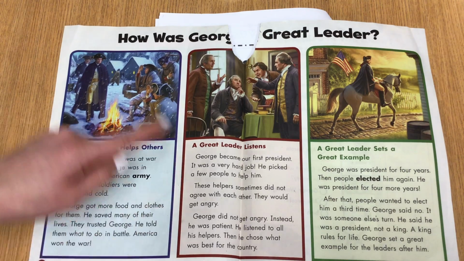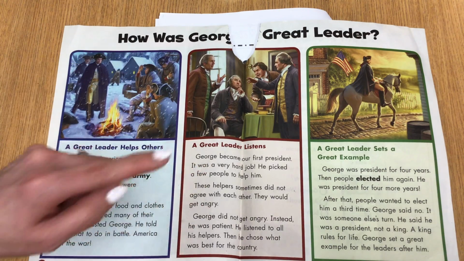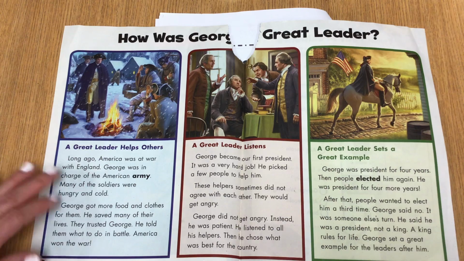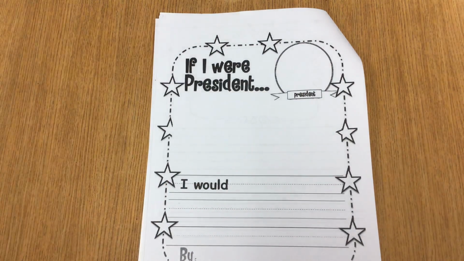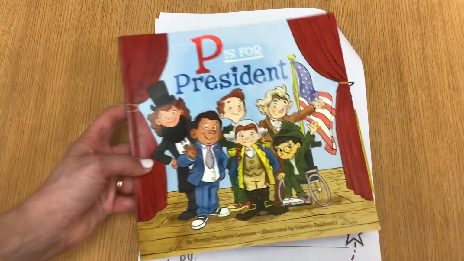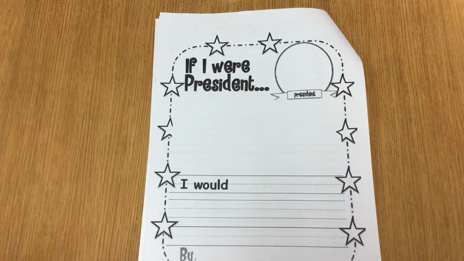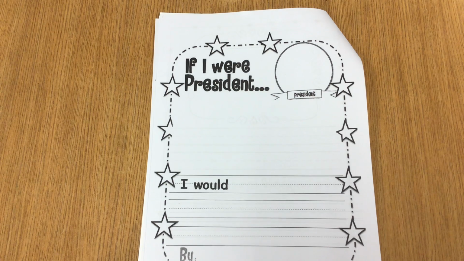They have to help others, be great listeners, be a good example. And then this morning during our morning meeting, we also read our book, P is for President, and we talked about all the roles that a president has. So I want you to think about that, and then I want you to tell me what you would do if you were president.